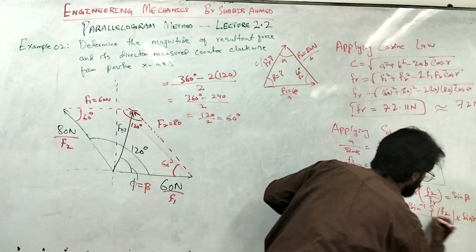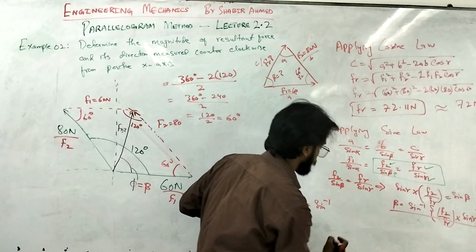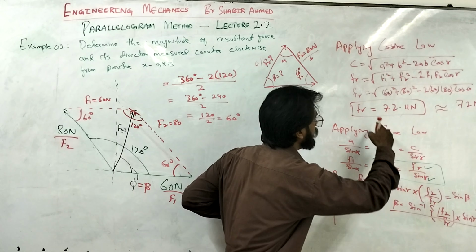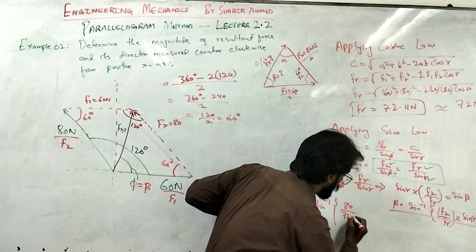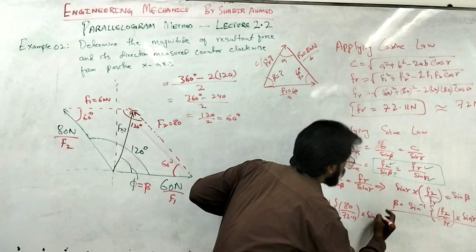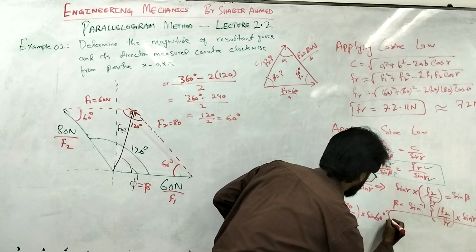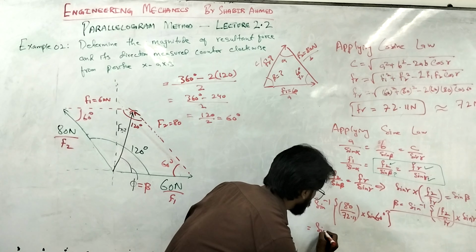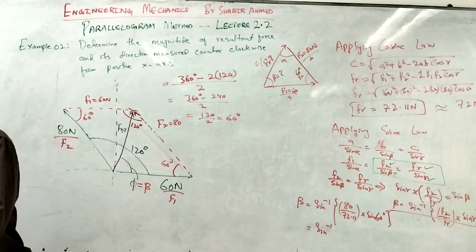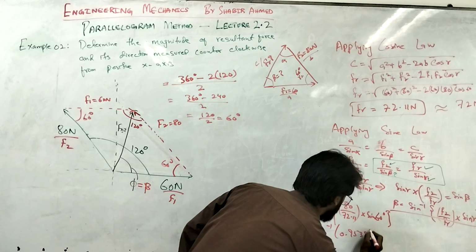So we are going to put our values in this equation. Beta will be equal to sine inverse, F2 we know is 80, Fr is 72.11, multiplied by sine. The gamma value is 60 degree. When we solve it, the sine inverse, we will have a value over here, 0.9539.